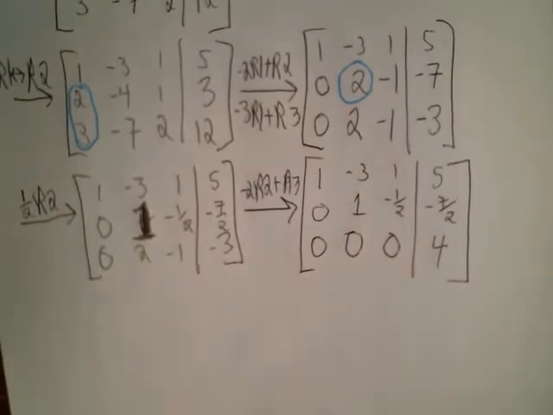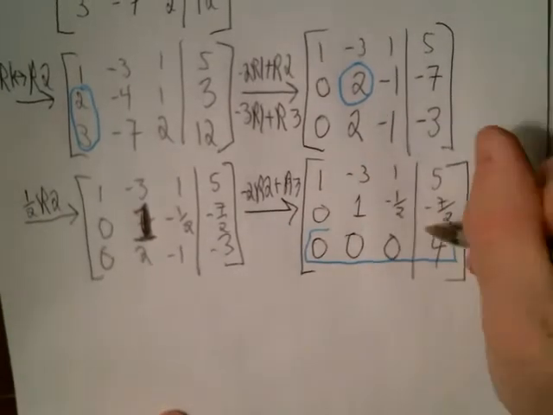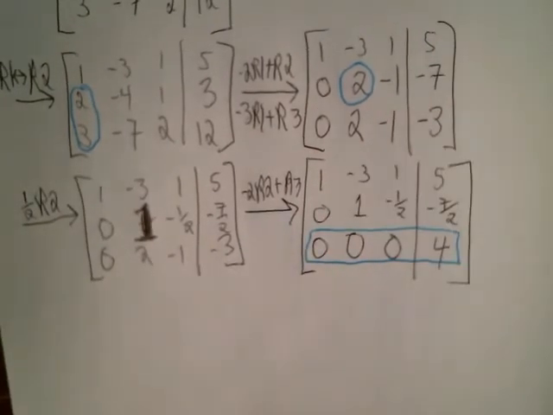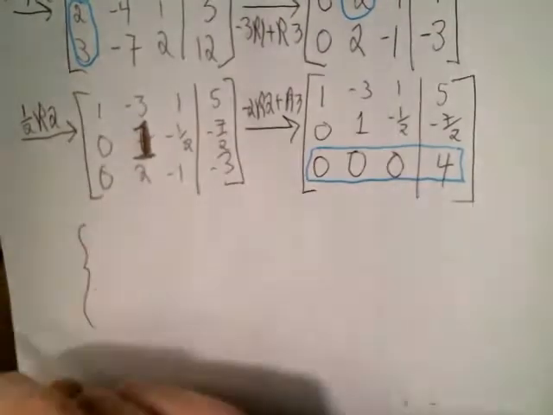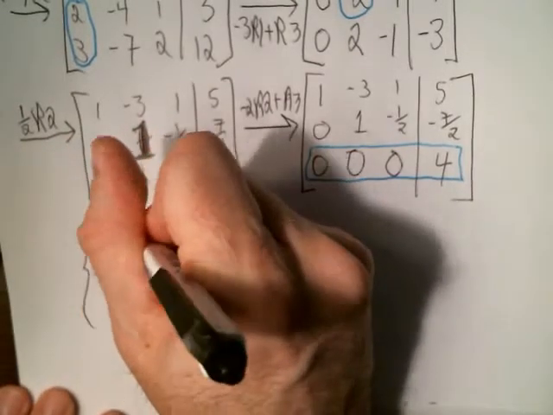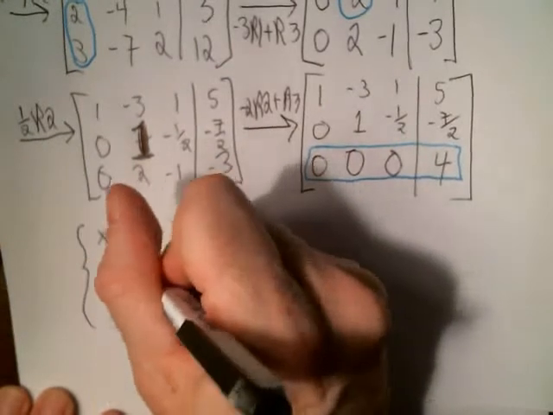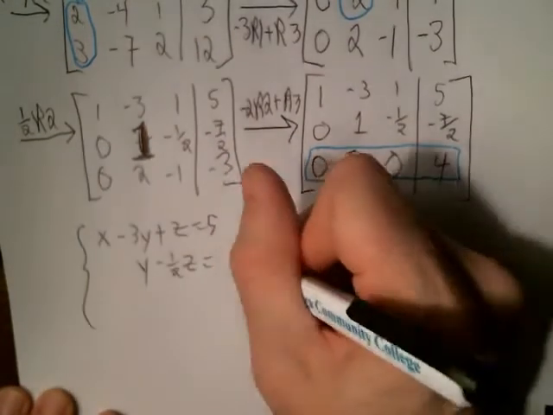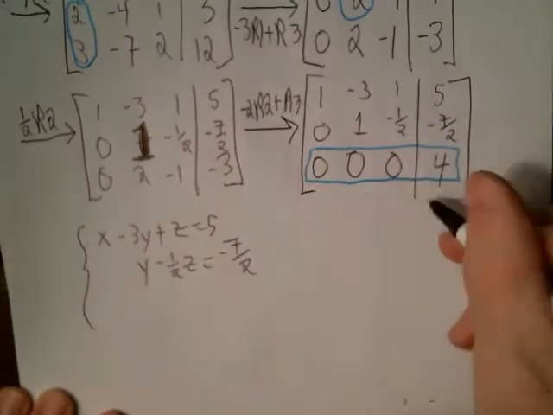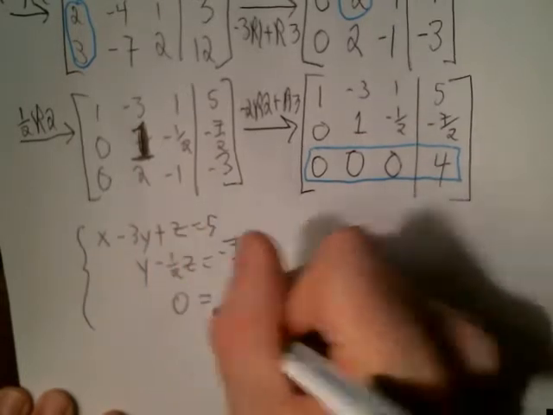Okay, so this row is weird, right? If you were to rewrite the system in equation form, x minus 3y plus z is 5, and then we have y minus 1/2 z is negative 7/2, and then 0x plus 0y plus 0z is 0 equals 4.